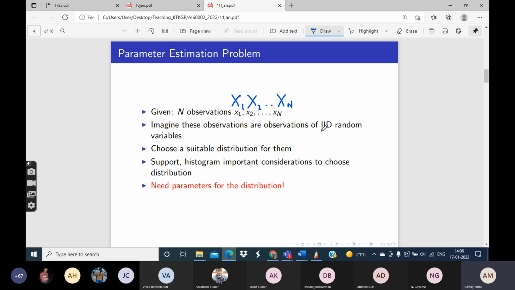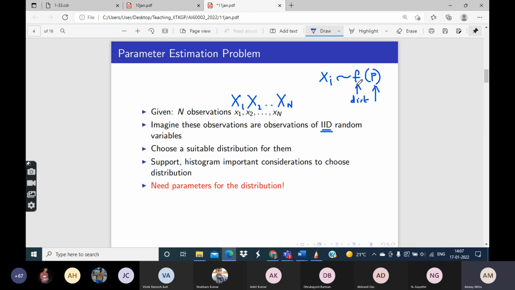We further assume that they are IID, which means what? All of them follow the same distribution with the same set of parameters. So let us say that Xi follows some distribution f with parameters p. So f is any distribution and p is the set of parameters.